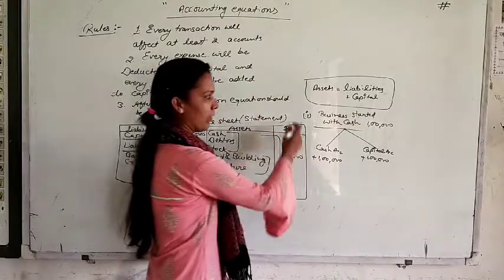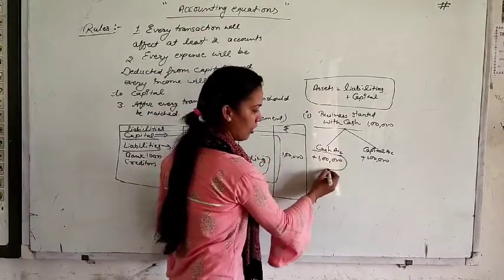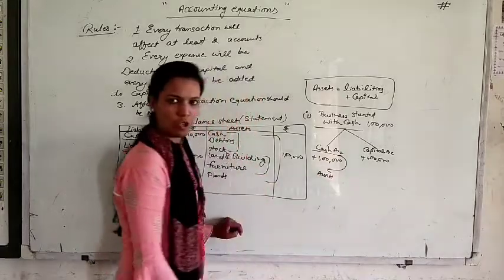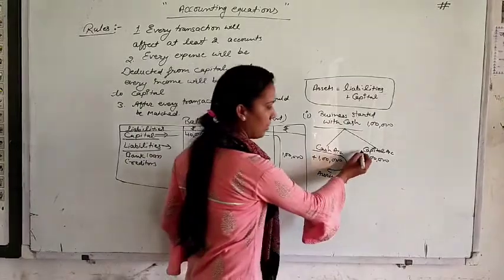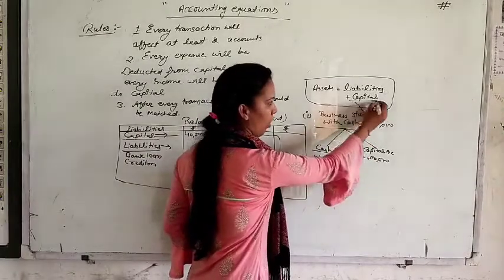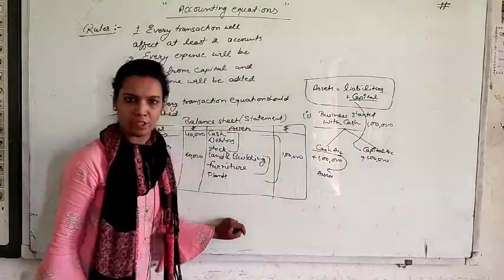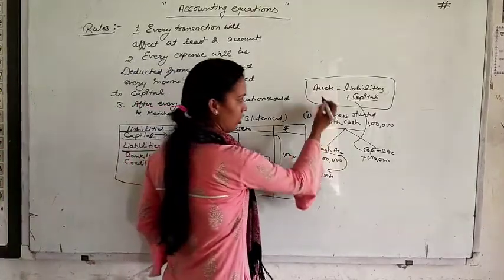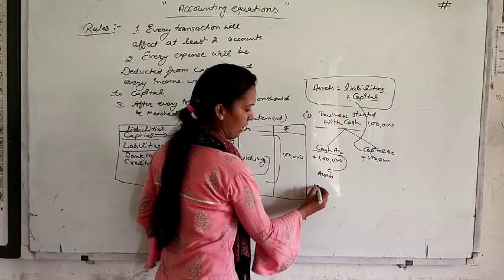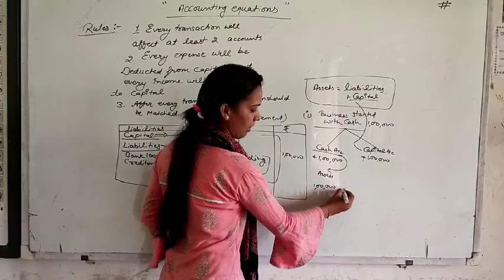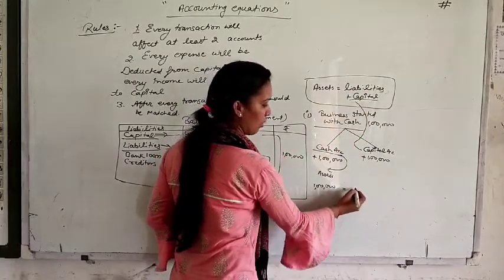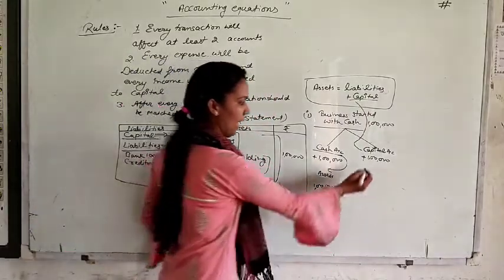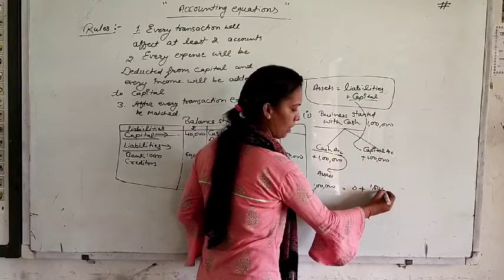Now let's move to the equation. Cash, you know, is your asset, and capital is already a head. So what is the equation? Assets, 1 lakh rupees, equals liabilities plus capital. You don't have any liability, so liability will be 0 and capital will be 1 lakh rupees.